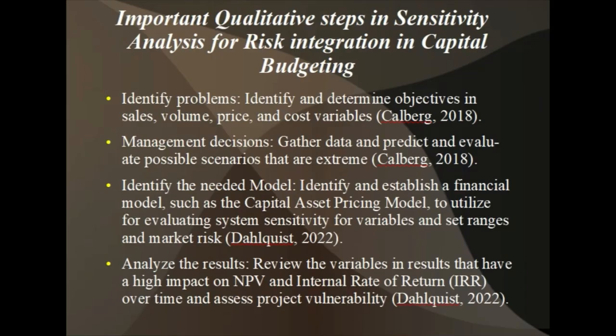Identify and establish a financial model, such as the capital asset pricing model, to utilize for evaluating system sensitivity for variables and set ranges and market risk. Analyze the results. Review the variables in results that have a high impact on NPV and internal rate of return, IRR, over time and assess project vulnerability.